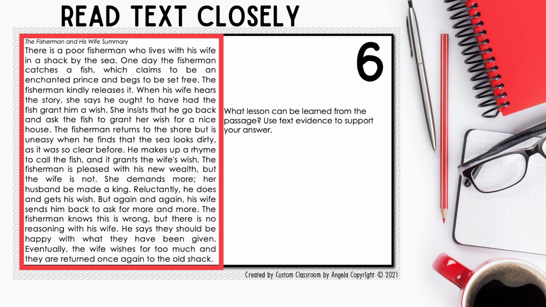He makes up a rhyme to call the fish, and it grants the wife's wish. The fisherman is pleased with his new wealth. But the wife is not. She demands more, her husband to be made king. Reluctantly, he does and gets his wish. But again and again, his wife sends him back to ask for more and more. The fisherman knows this is wrong, but there is no reasoning with his wife. He says they should be happy with what they have been given. Eventually, the wife wishes for too much, and they are returned once again to the old shack.